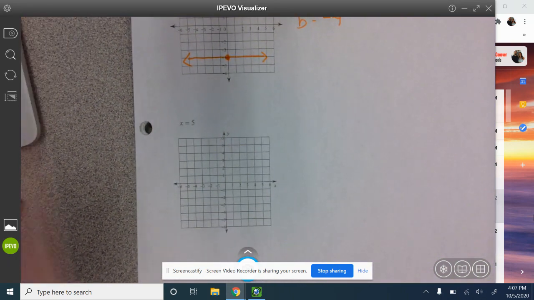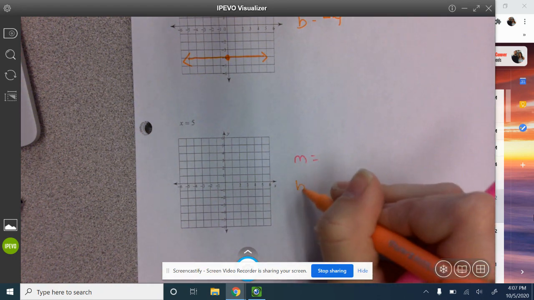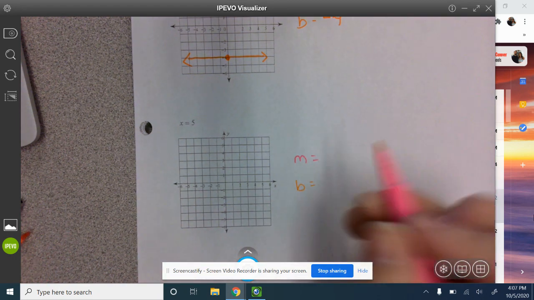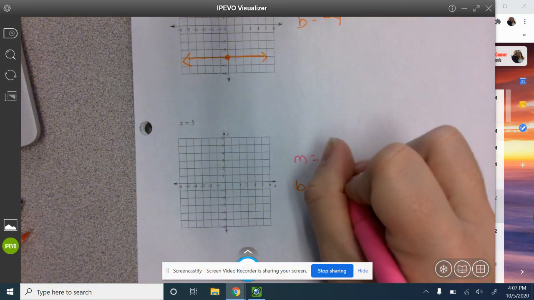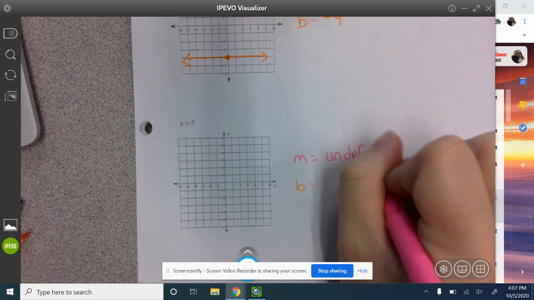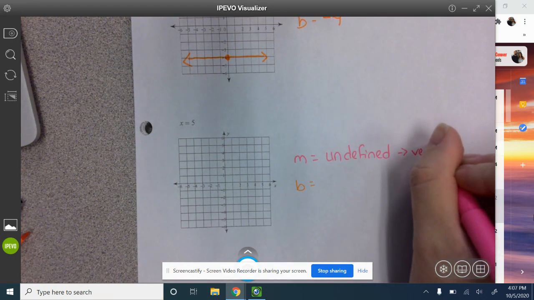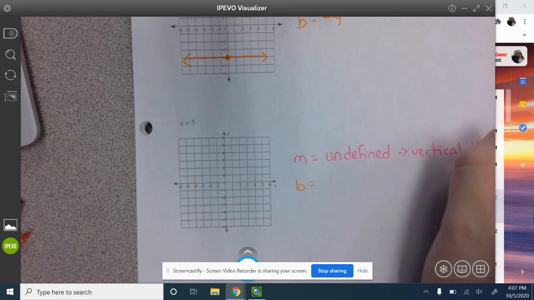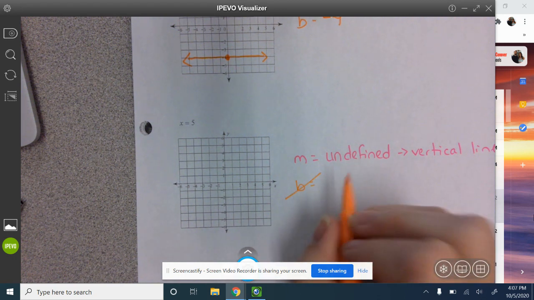Since we talked about a horizontal line, it's only fair if we talk about a vertical line. So my slope for x equals 5, my m will be undefined. Like we talked about a few weeks ago, undefined is a vertical line. My b value, I don't have y equals anything up here, so my b value doesn't really exist.